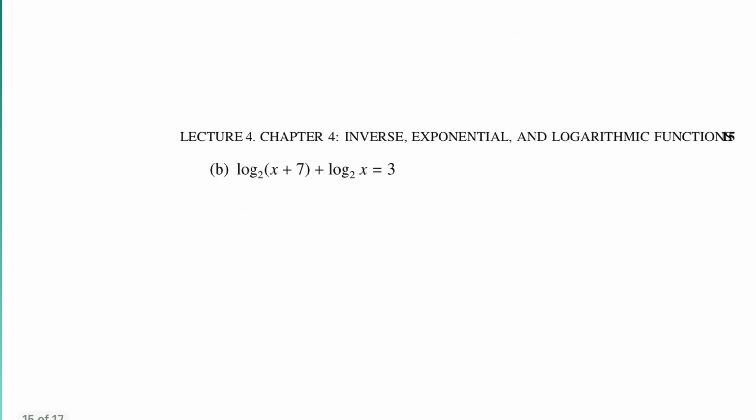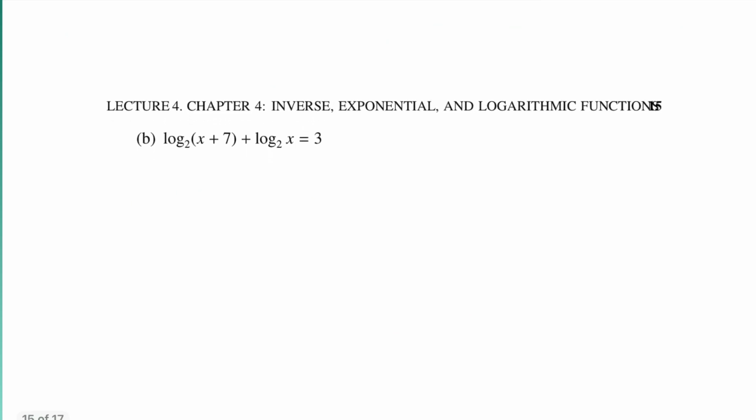All right, in this case, the only thing we can really do is combine these two logarithms into a single one by multiplication because of the addition. That tells us we must multiply the two arguments. So on the left side, we're going to have log base 2 of x times x plus 7 equals 3.